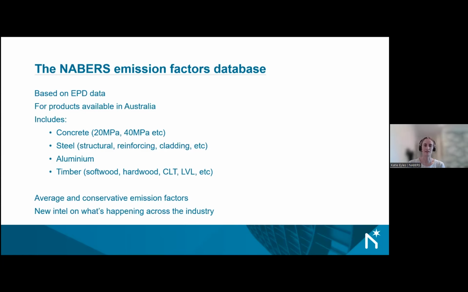The conservative default emission factors are what you will use in the NABERS rating if you've used products that don't have EPDs. The reason the defaults used in the NABERS rating are conservative is that we know a product without an EPD is likely to be worse than average in terms of emissions. So we don't want to be certifying buildings as being better than they actually are.